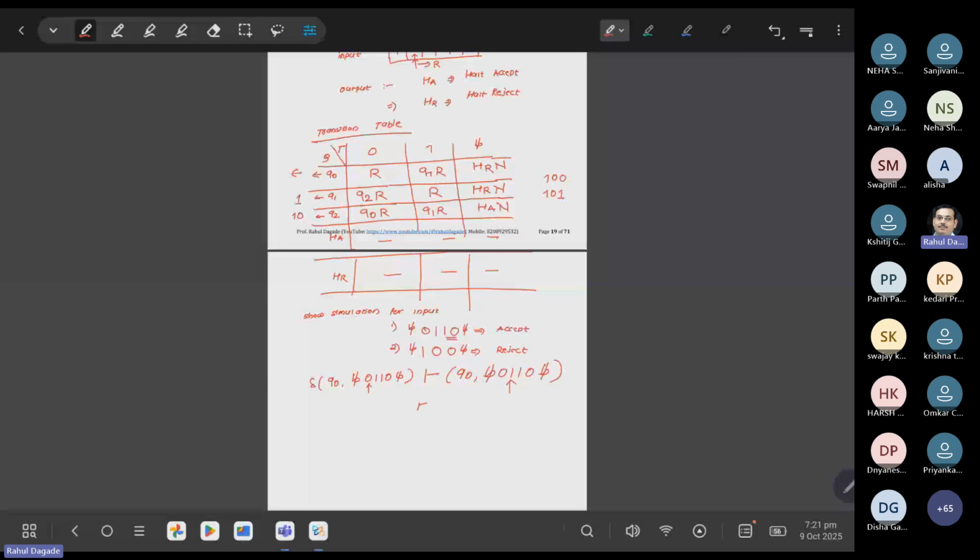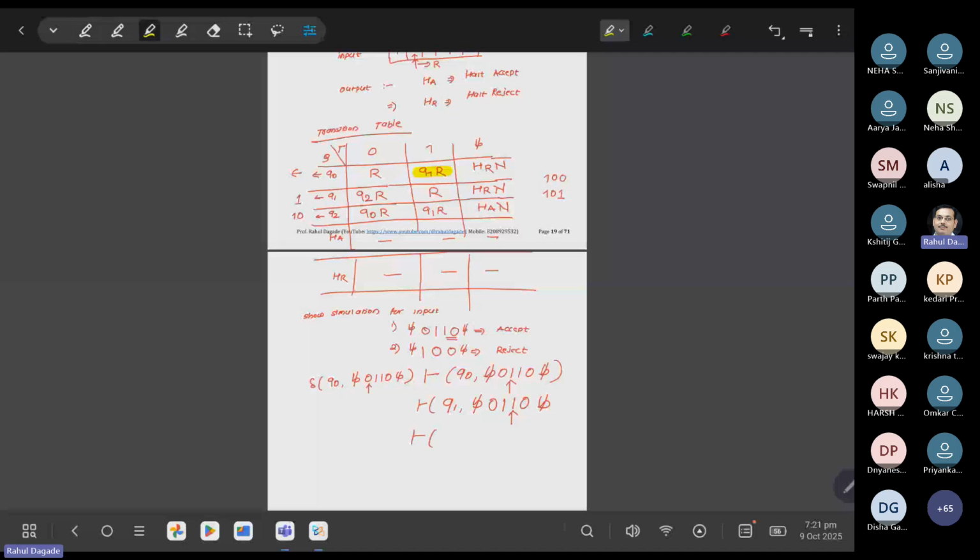Now what is Q0 for 1? It is going into the Q1 state and moving pointer to the right. So it is going into Q1 state, blank 0 1 1 0 blank. So the pointer is coming to the 1. Now what is Q1 doing for 1?